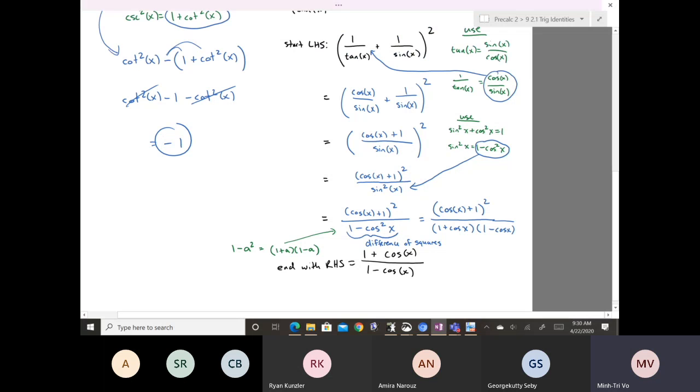And then finally, cosine plus 1 is the same thing as 1 plus cosine because adding is commutative. Right, so I have one copy of this, and it cancels out one copy of this. And then now this thing is the same as the numerator here, and the denominator here is the same as the denominator here. And so now I'm done.